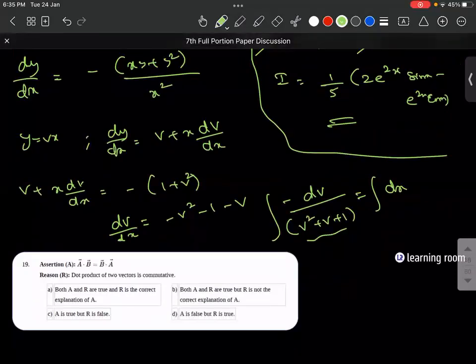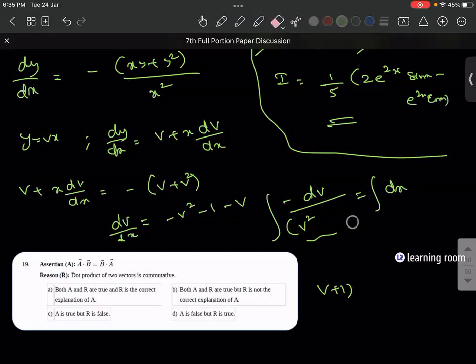So you have to use the completing the square method. So you write it as, wait, this is actually v plus v square. So you'll have v square minus 2v.